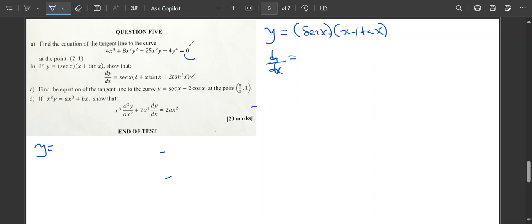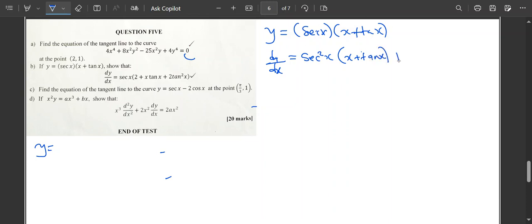So the dy/dx of this is a product type, right? So I'll differentiate this one. I'll say this is sec squared x differentiated, then I'll maintain the same x, plus tan x. I've maintained that one.